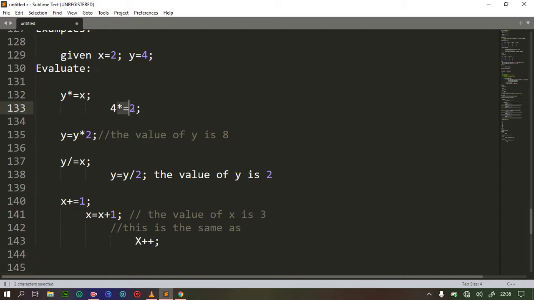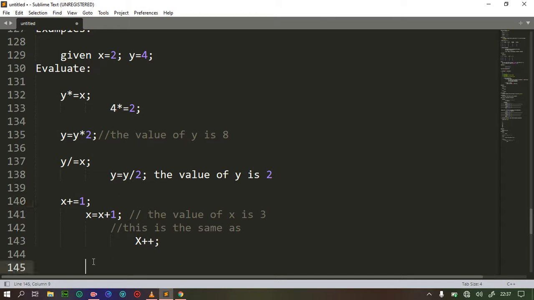This is shorthand, and this is the full form of this previous expression, and this is the full form of this expression altogether, guys. So that is how we use the assignment operators.